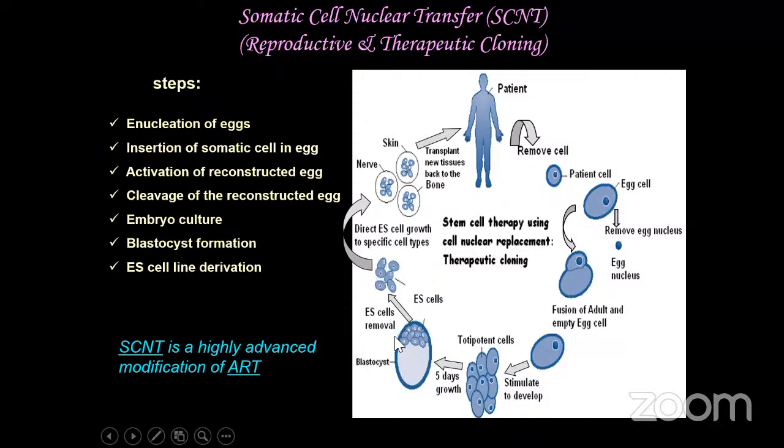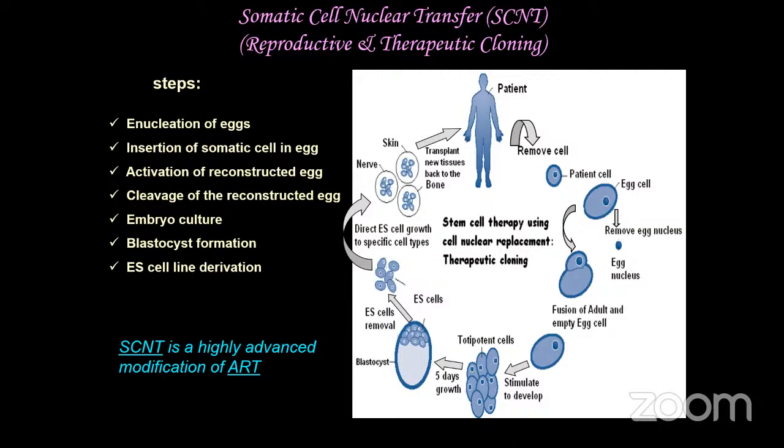But when you stop at this stage and take the inner cell mass and culture it further, that is called therapeutic cloning, because you are not implanting it further. Especially in the human case, because of ethical concerns, we never implant the SCNT-mediated embryo.